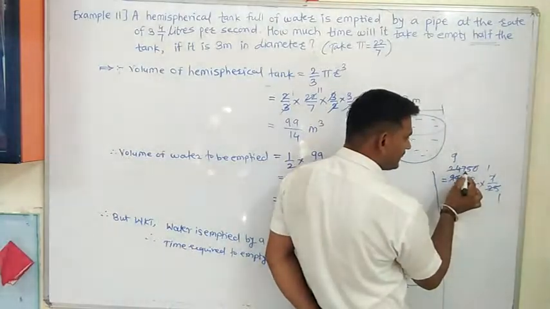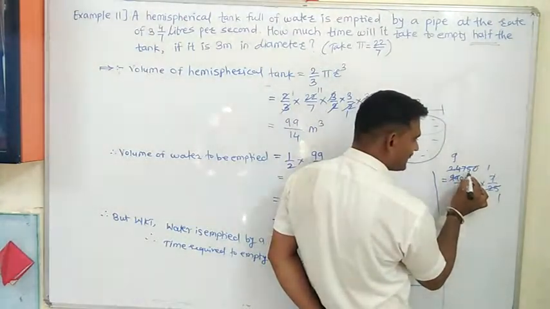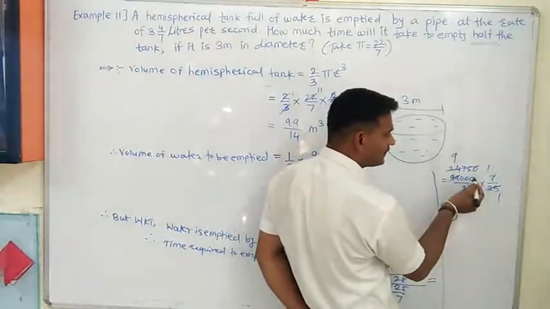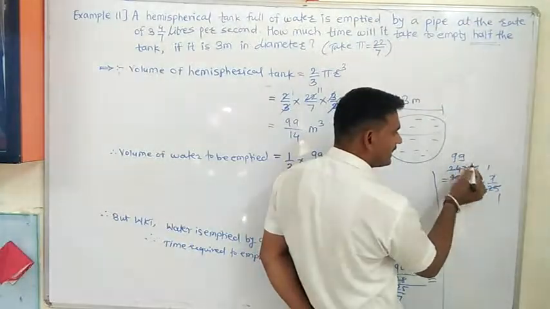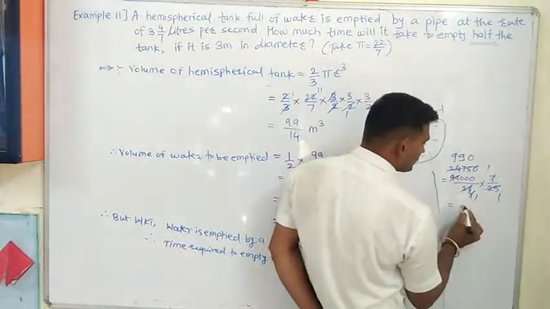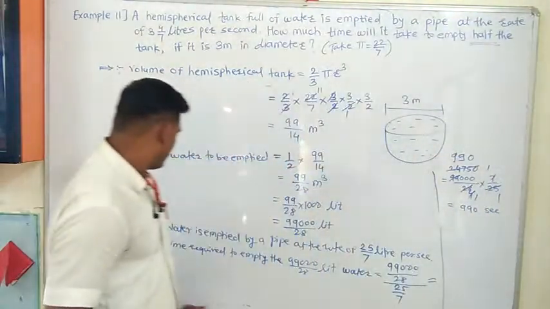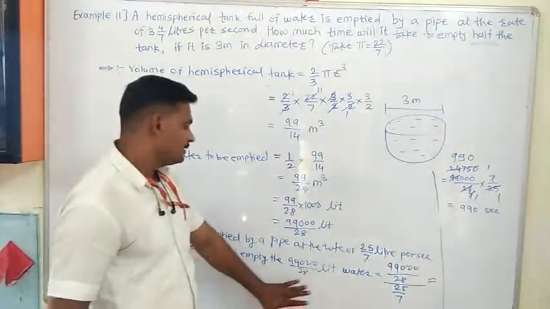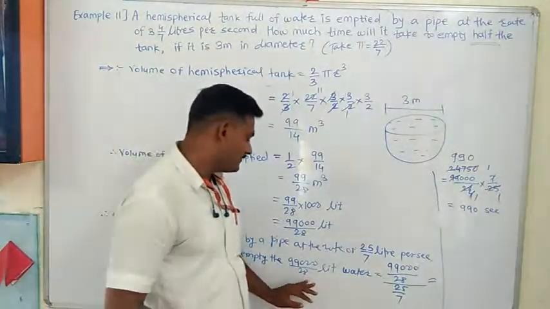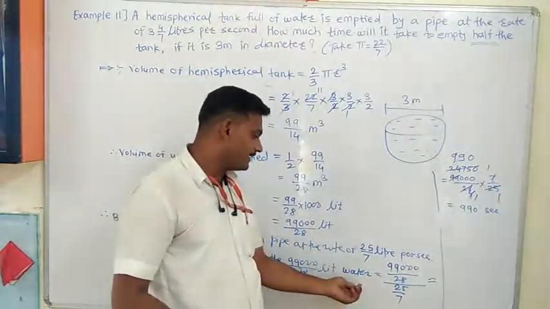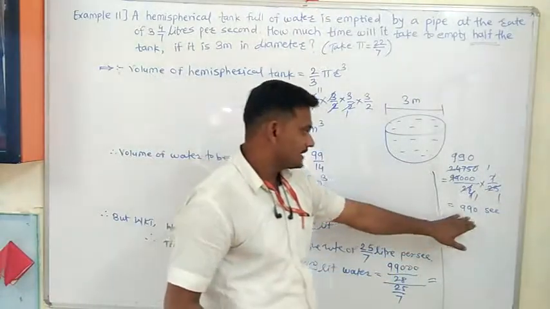After subtracting it, 22 will remain. Again 225 it will come. 25 nines are again 225 and 0 as it is. Therefore 990 seconds. We got, see here, time required to empty the 99,000 divided by 28 liter water is equal to 990 seconds.